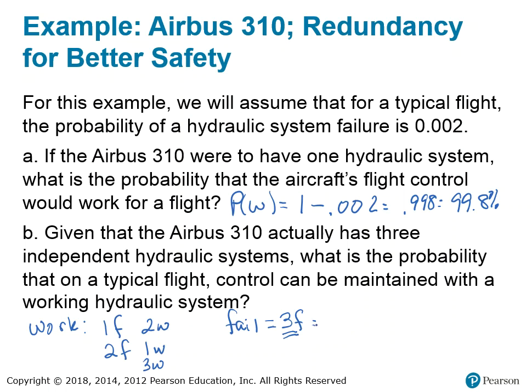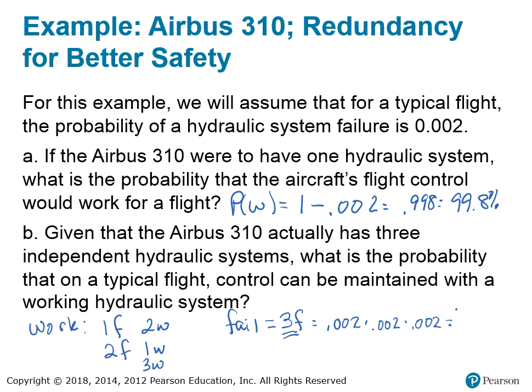So let's talk about the probability of them all failing. It said the probability of 1 failing is 0.002. So if the probability of the first one failing is 0.002, the second one failing is 0.002, the third one failing is 0.002, so 0.002 to the third.